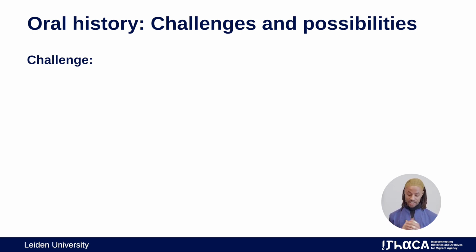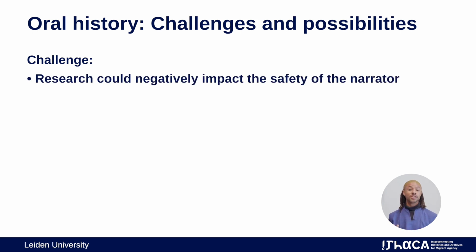So challenge 1, which might be one of the most important challenges, is protecting the safety of respondents. So of course your research could negatively impact the safety or the lives of your narrators. So it's important to be aware of the potential dangers or the risks of the study on the life of the people you work with, and also be conscious of ways in which it might impact their lives.